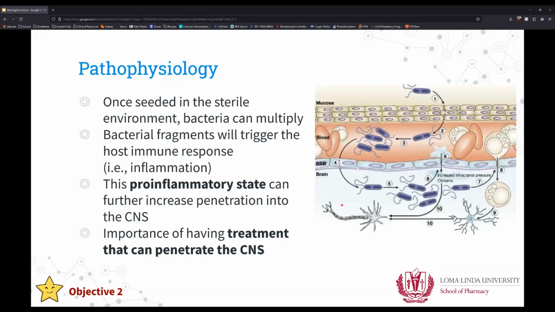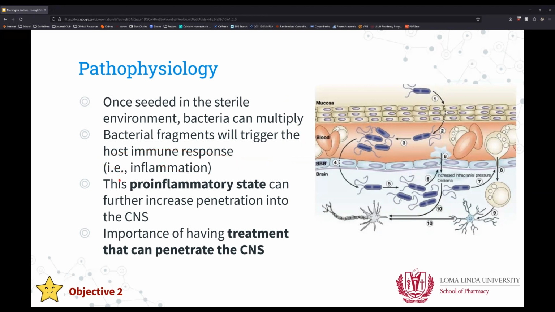So more on the pathophysiology behind this. We have our pathogens that can enter our bloodstream, as we talked about previously. And the risk here is that they're going to enter our sterile environment. Once the bacteria are able to cross over and enter the sterile environment, the bacteria can then multiply. These bacterial fragments will trigger the host's immune response, and this is going to end up causing inflammation, as we saw in the initial images in the past few slides.